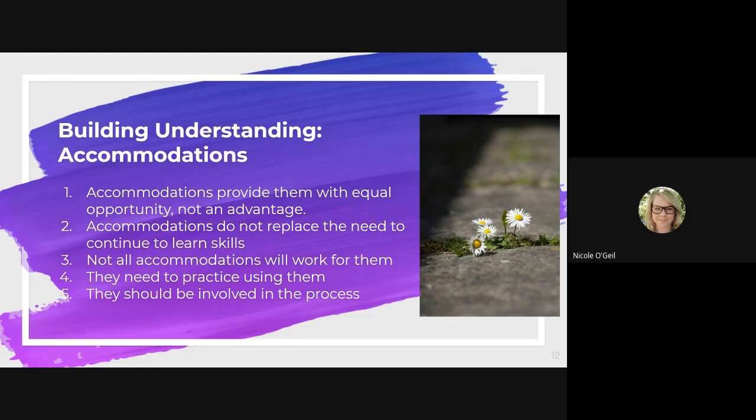The flower in the cement might need a covering so people don't step on it. The flower in the mountain might need to develop stronger roots to hold on to the soil. We all need something different, and it doesn't mean we are given an unfair advantage. It just means that it's making it fair for everyone. So that's just an analogy sometimes that I use to explain why it's okay and why students shouldn't feel bad or like they're taking advantage when they are using the accommodations that is leveling the playing field for them.